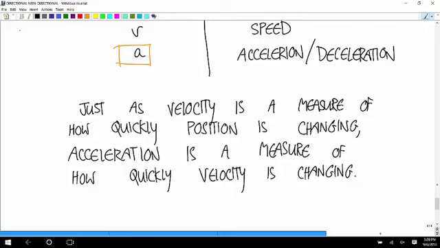And so you would expect the formula for acceleration would look similar to the equation for velocity. You'd just be replacing position with velocity, and it turns out that's exactly what it is.